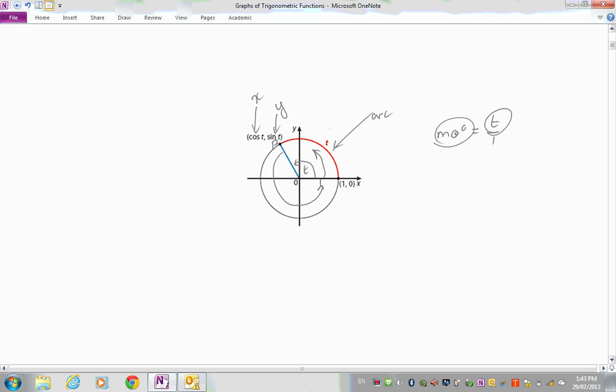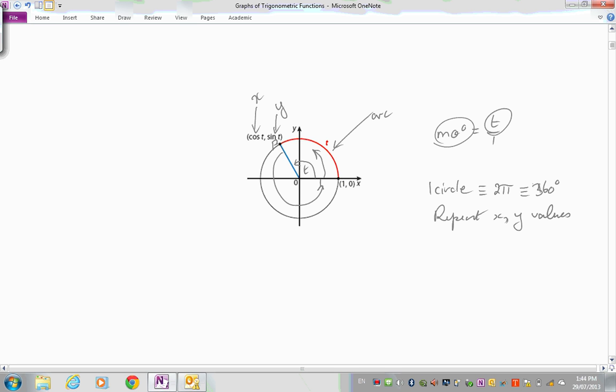Can you see, therefore, once you've done one circle's worth, or equivalent to what? 2 pi radians, or equivalent to 360 degrees, we're going to start to repeat the x and y values, all in the same order again.